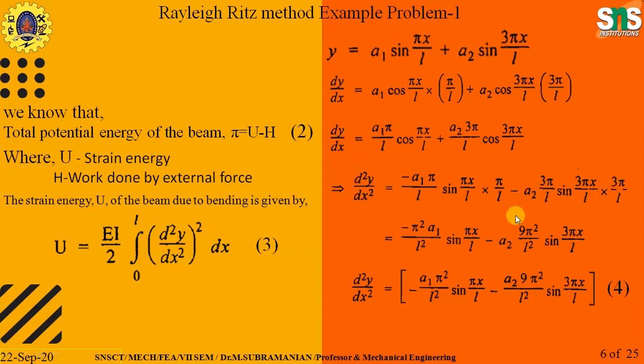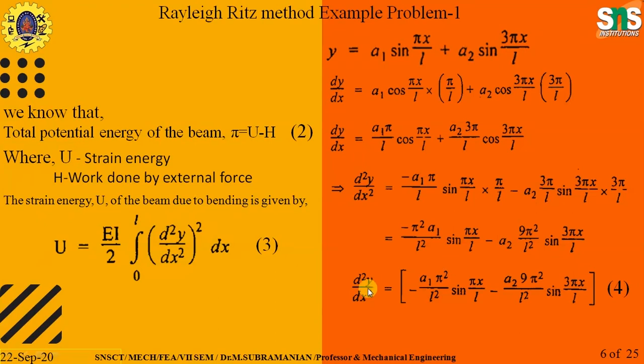Finally we simplify these common terms: minus a1 π²/L² sin(πx/L), minus a2, similarly 3π times 3π, so 9π²/L² sin(3πx/L).